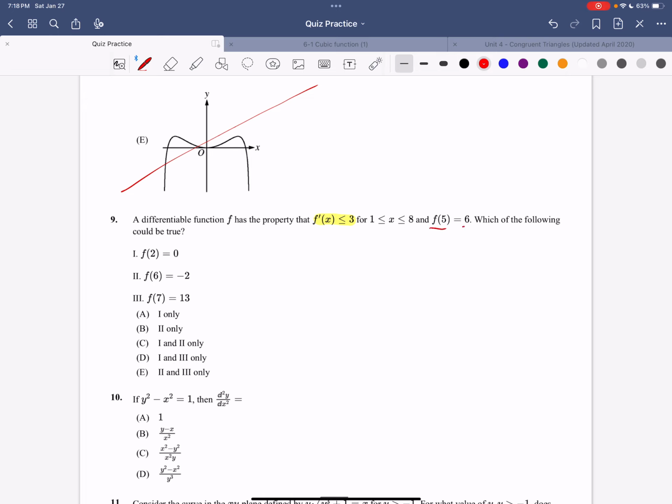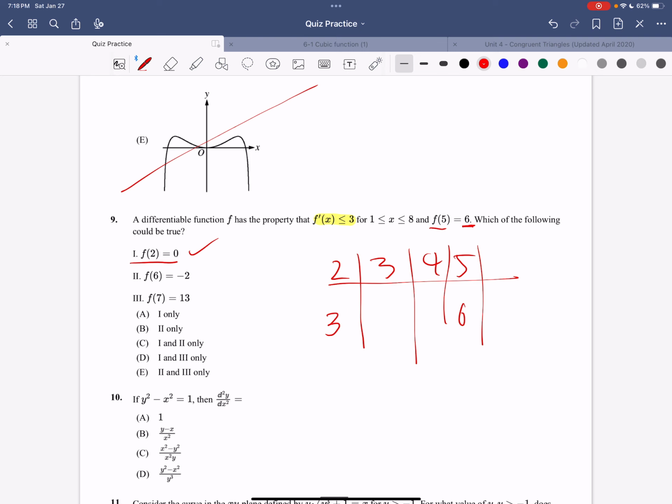Now, f of 5 is 6, and it says f of 2 is equal to 0. Can it be true? Yeah, because it's less than 6, right? It's totally possible. If you look at this one, 2, 3, 4, 5, 6, when x is 6, it is 3.